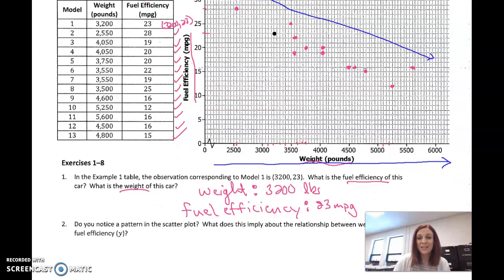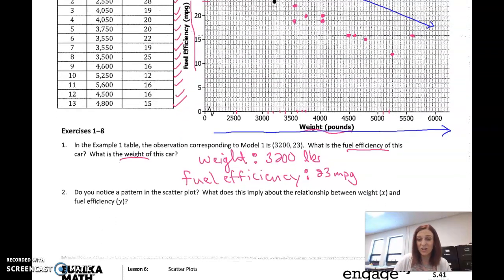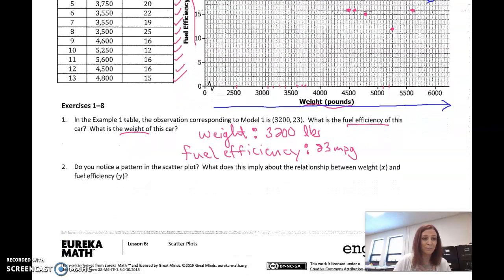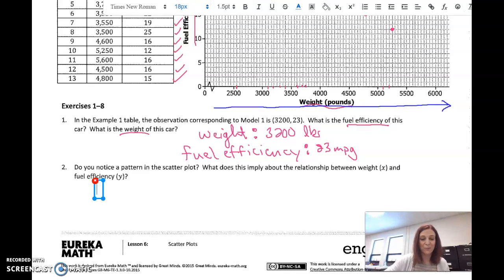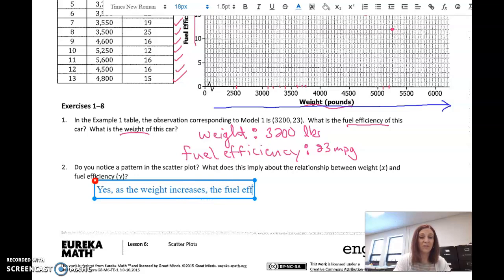What does this imply about the relationship between weight and fuel efficiency? I'm going to use my text box. Do I notice a pattern? Yes. As the weight increases, the fuel efficiency tends to decrease.